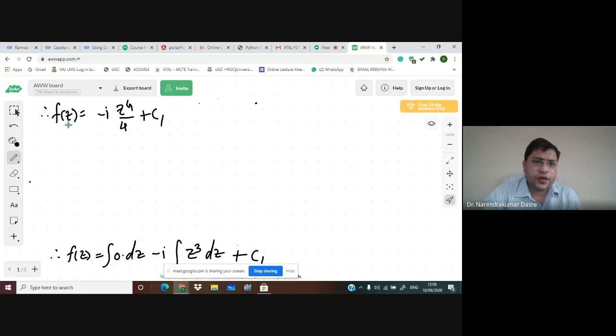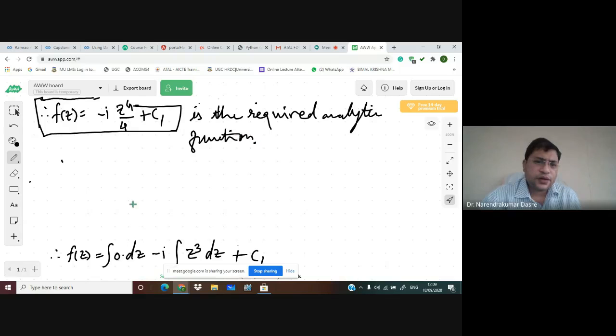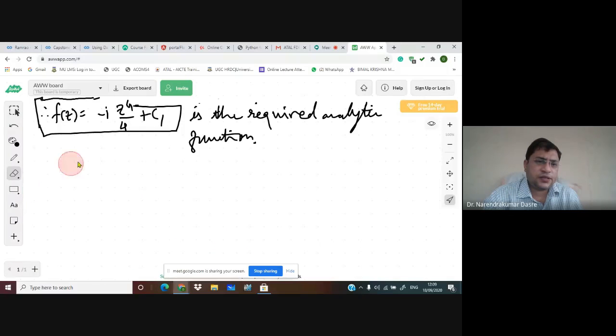So this is going to be the analytic function, the required analytic function. But in this case we are not interested in the analytic function. We are interested in orthogonal trajectories, and hence we have to find its real and imaginary part.